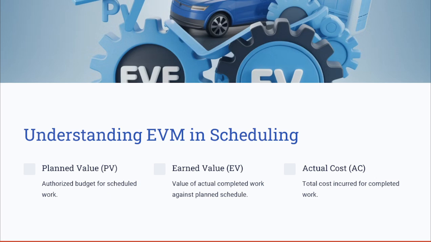To calculate the SPI, if you recall, we say that it's the EV divided by the PV, or the planned value. When we talked about the SV, or the schedule variance, we said that it's EV minus the PV, or the planned value.